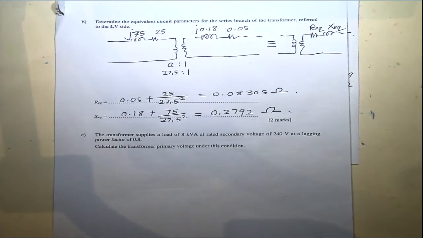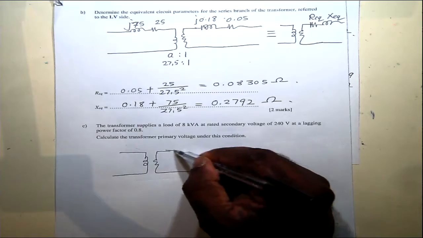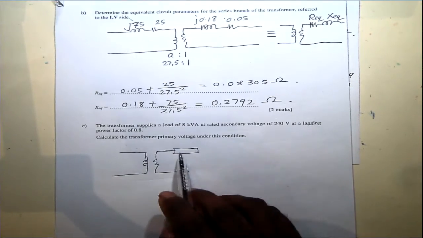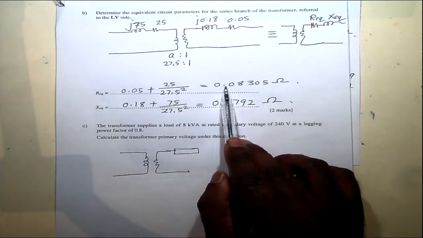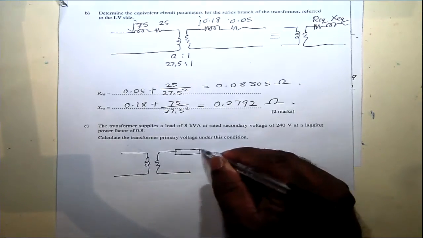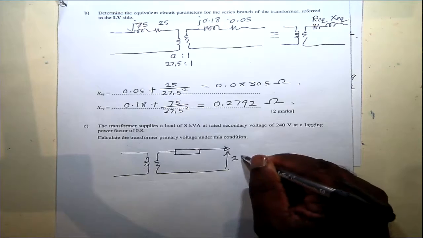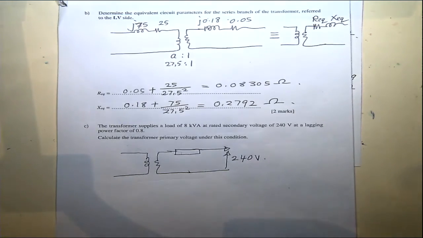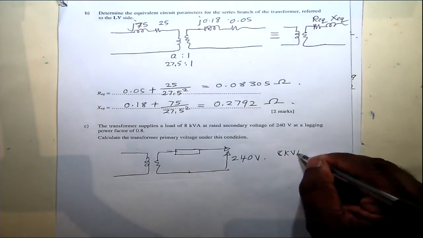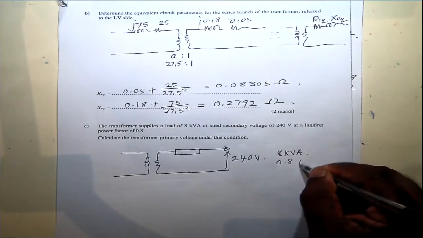So we have this transformer. Now we've referred everything into the secondary side. So that's this resistance and reactance. And it's feeding a load at 240 volts, and it's 8 kVA at 0.8 power factor.